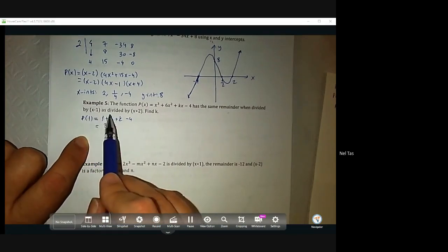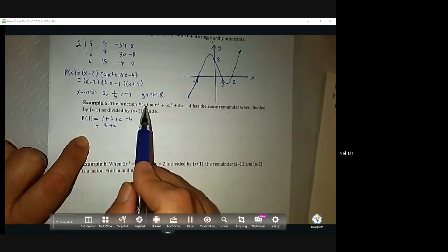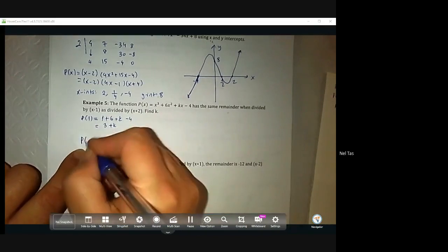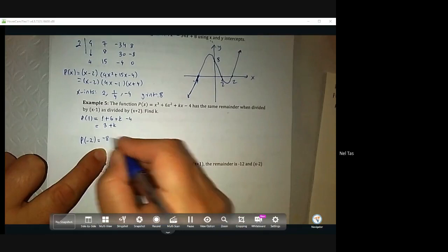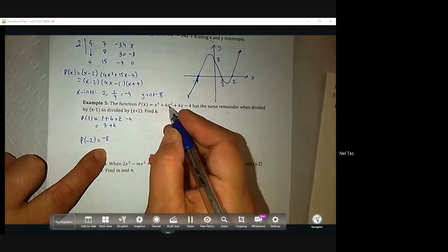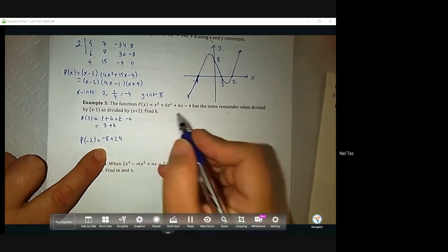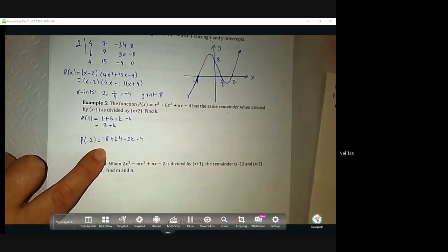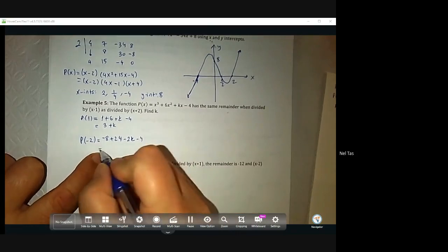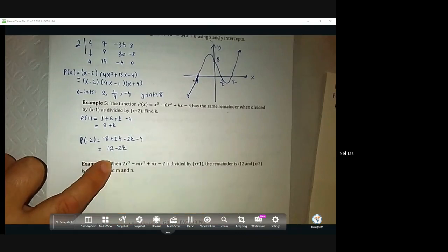Now the remainder when divided by x plus 2: I substitute negative 2 in the p function. That gives us negative 8. Negative 2 squared is 4, 4 times 6 is 24, minus 2k minus 4. Simplify, and we get 12 minus 2k.